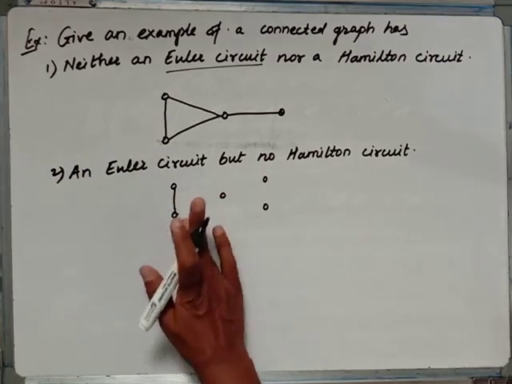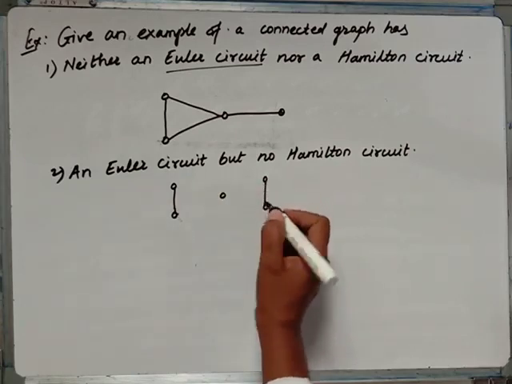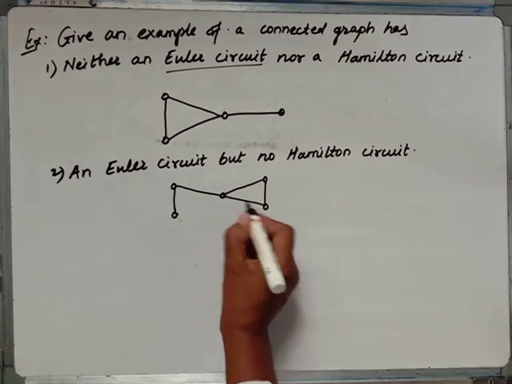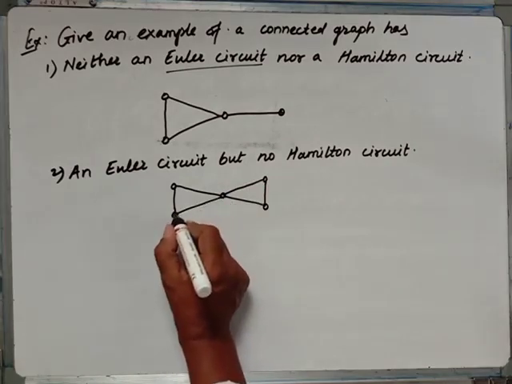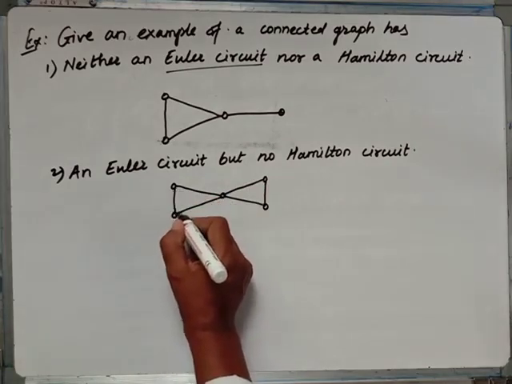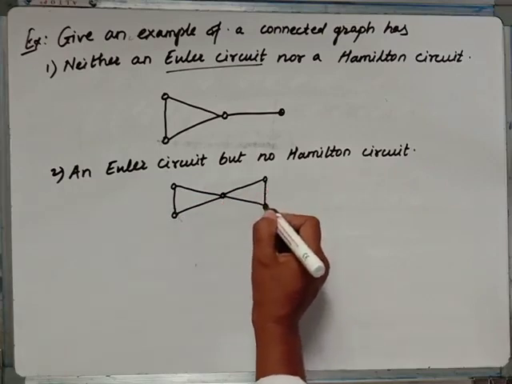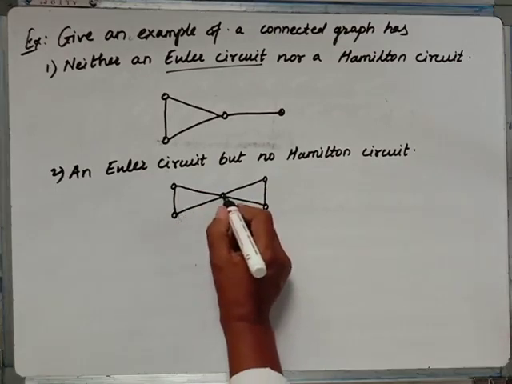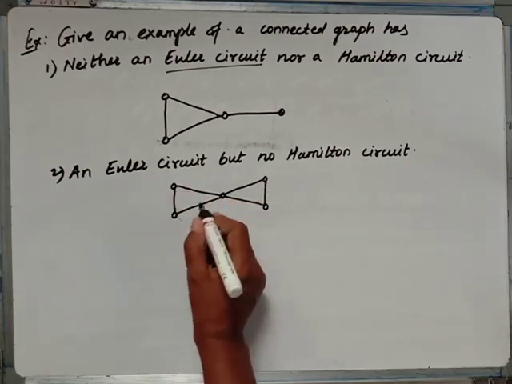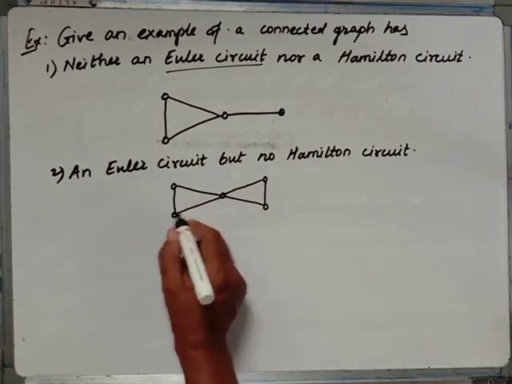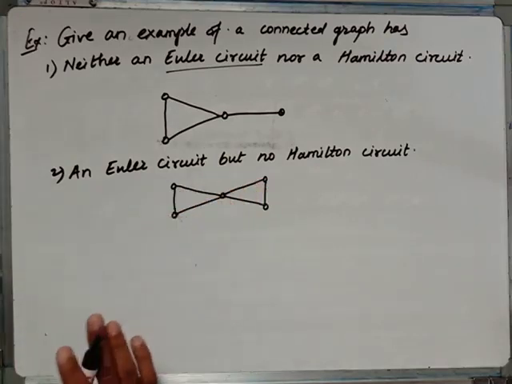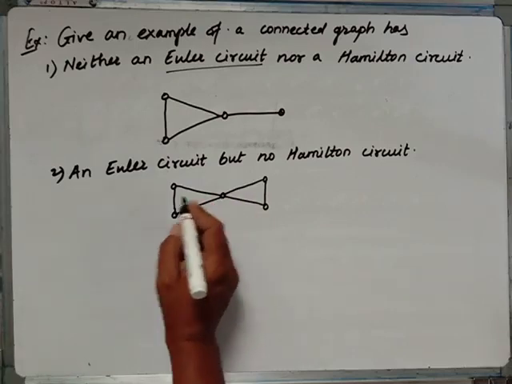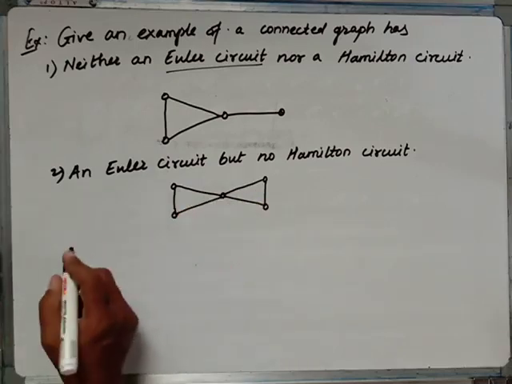If I draw it as such, I'll start from here, I can come here, here, here, here and here. But this vertex comes, look at, twice. So that's why it doesn't have a Hamilton circuit, but it has an Euler circuit. All edges we can take once and we can complete a circuit there. Also the degree of each vertex is even, so it has an Euler circuit.